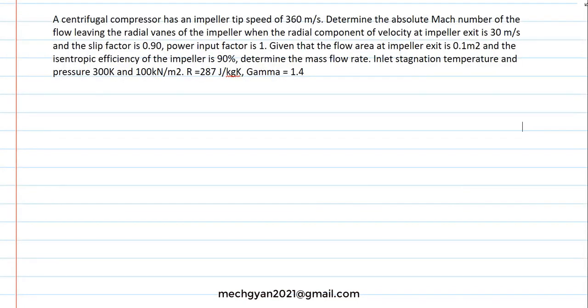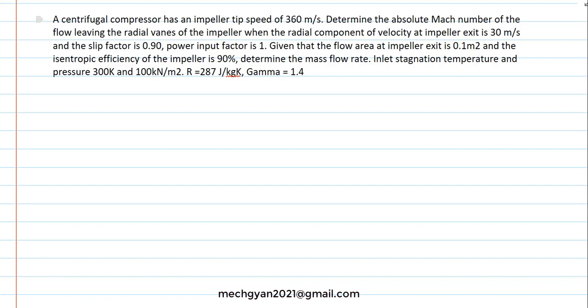So next question. A centrifugal compressor has an impeller tip speed of 360 meter per second. Determine the absolute Mach number of the flow leaving the radial vanes of the impeller when the radial component of velocity at impeller exit is 30 meter per second and the slip factor is 0.90.